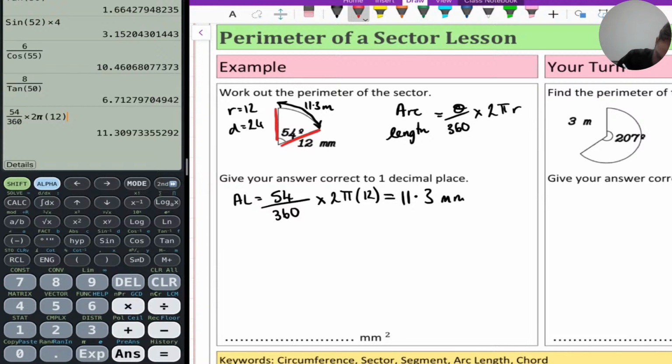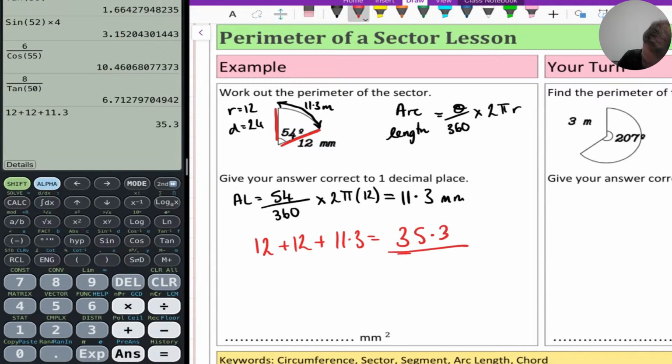So it's going to be 12 plus 12 plus 11.3, which is equal to 35.3.